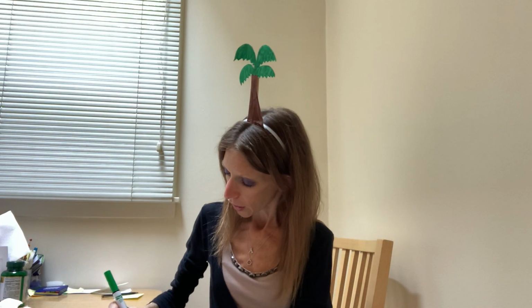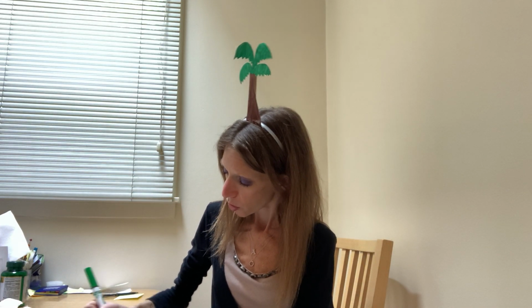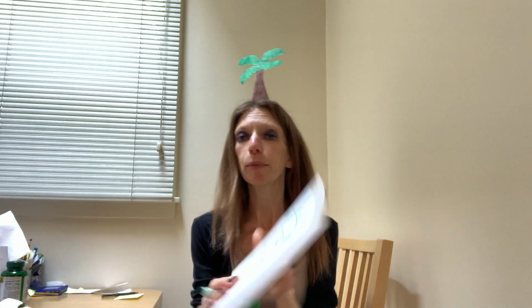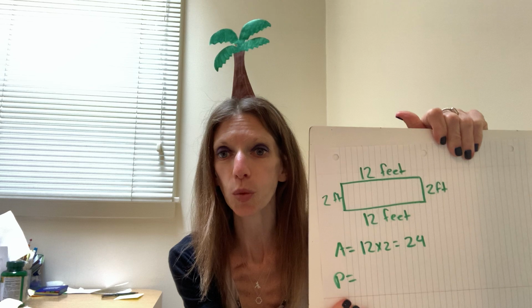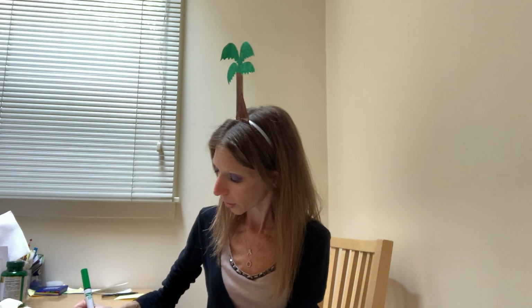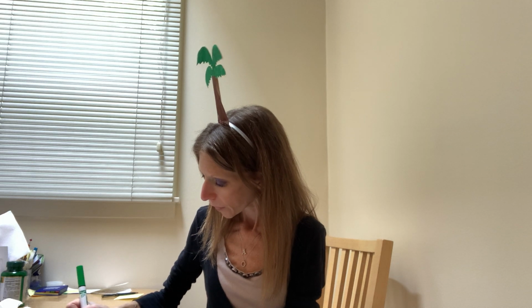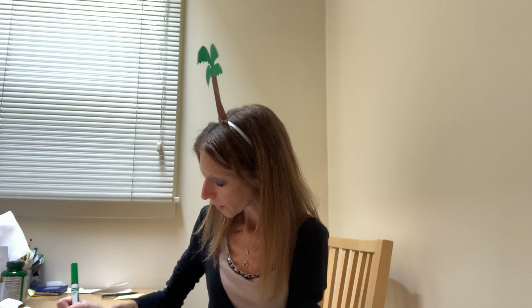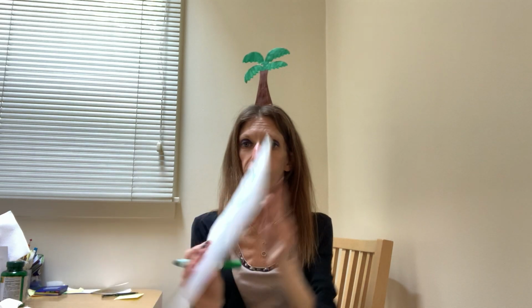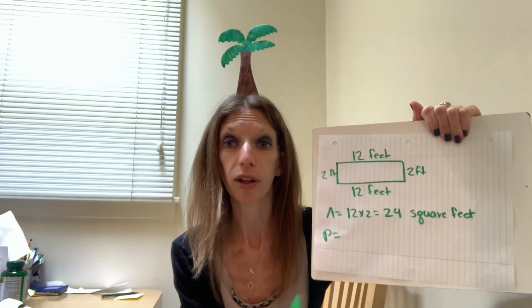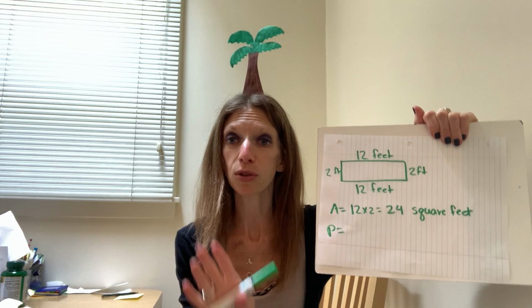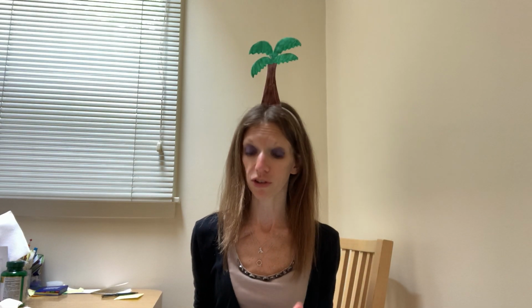So that would be 12 times 2 equals 24. Now, because I labeled it as feet, you need to label it as square feet. So the area of this rectangle is 24 square feet, right? Because like I said, if I give you the label, then you need to use that label. If there's no label, that's when you use units, because you always have to label when you're measuring.